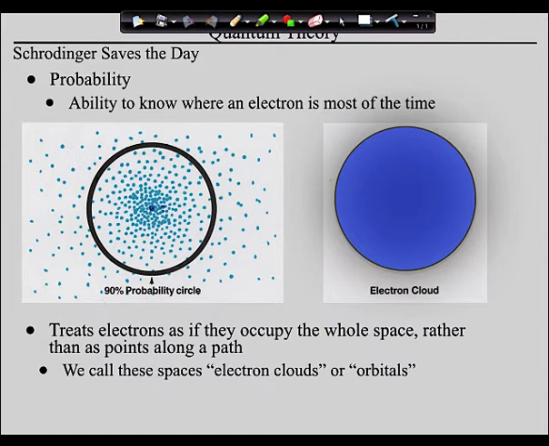Okay, so guys, it's at this point that you want to take a deep breath. It's over. We have now killed the Bohr model. The Bohr model's laying down here in pieces.